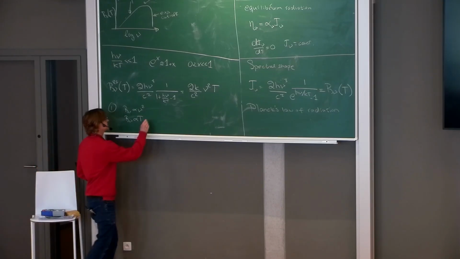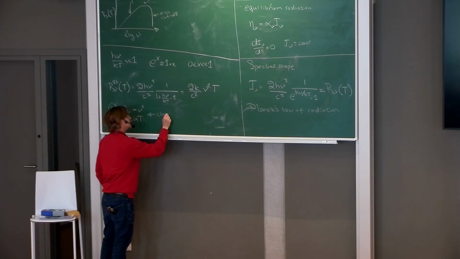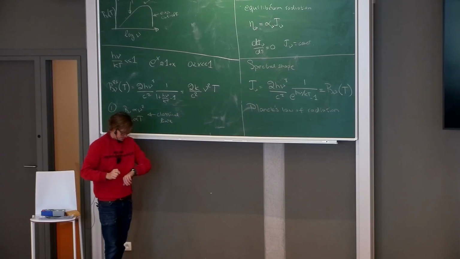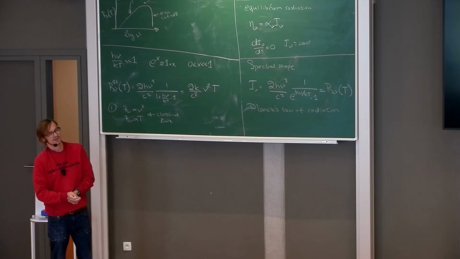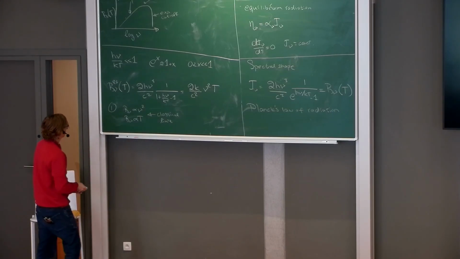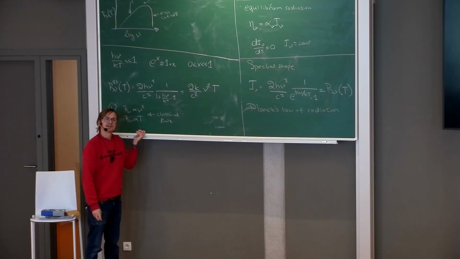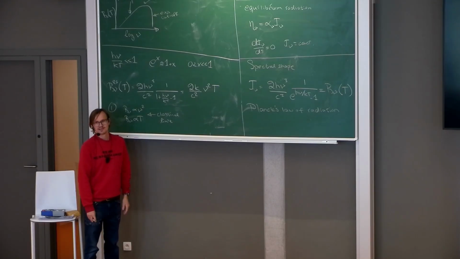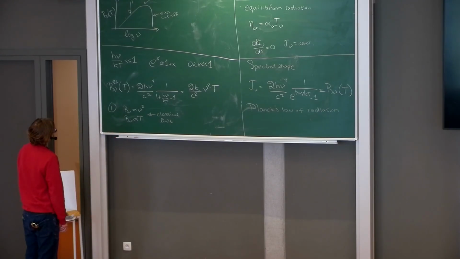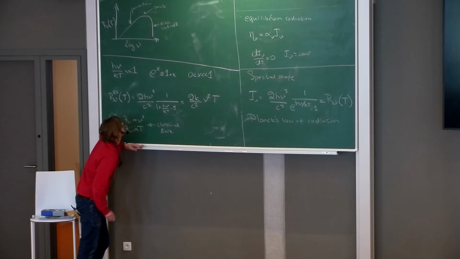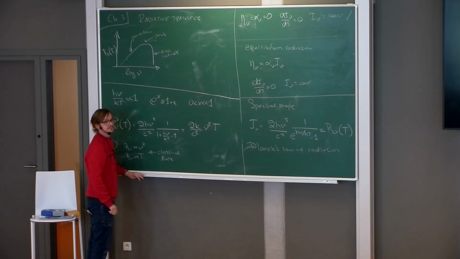And this is indeed the classical limit. And we will see either at the end of today or next week how it also leads to what we call the ultraviolet catastrophe and what that actually was. Okay? You see the power law dependence there, right?